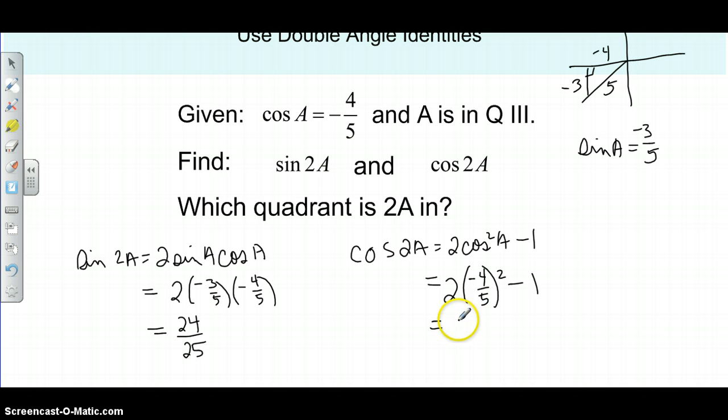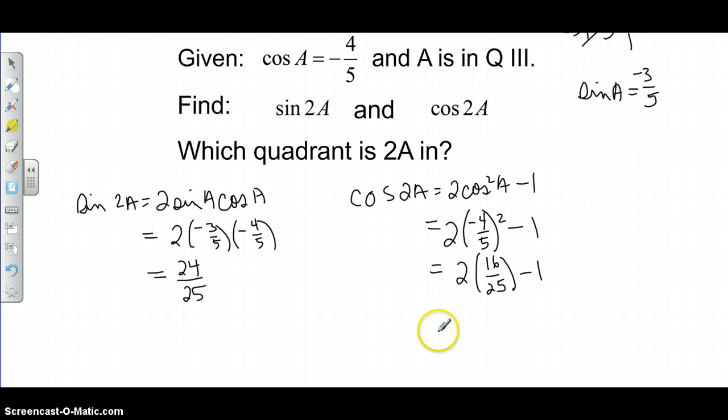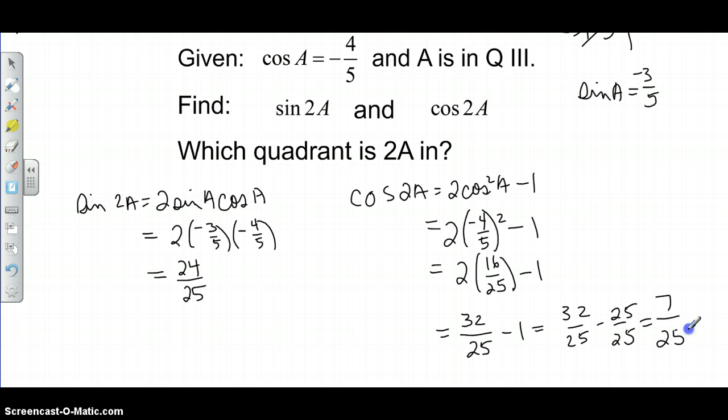That will be equal to 2 times 16 over 25 minus 1. And 2 times 16 is 32 over 25 minus 1. That's 32 over 25 minus 25 over 25, which is 7 over 25.